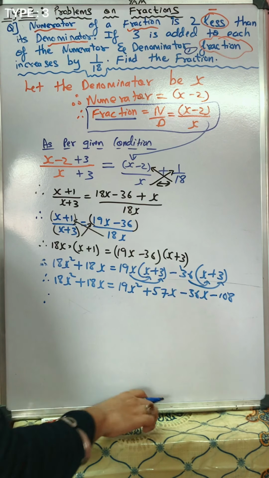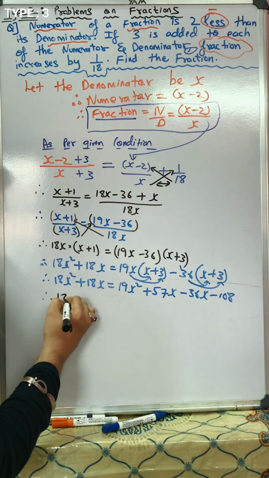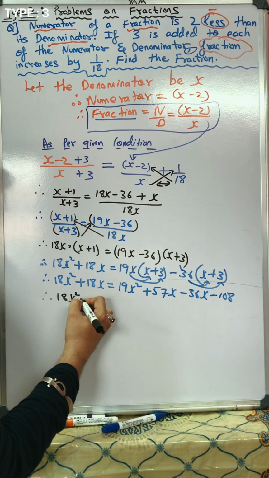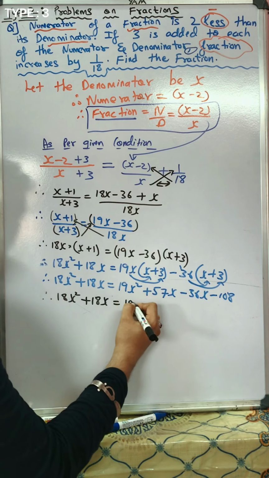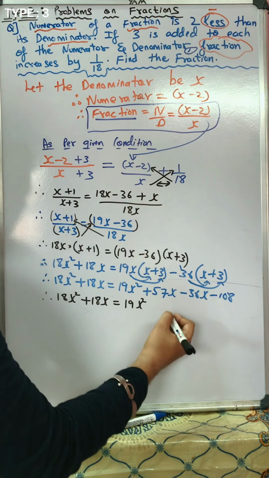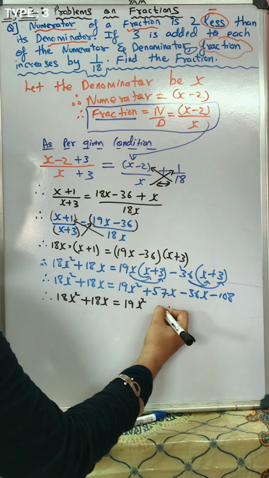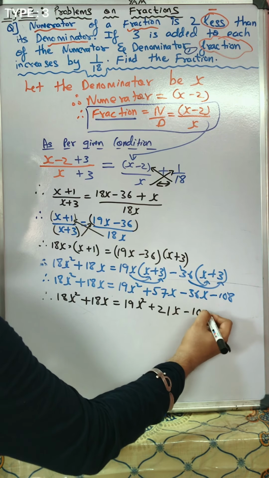Therefore 18x square plus 18x is equal to 19x square as it is, then 57x minus 36x, which is 21x, minus 108.